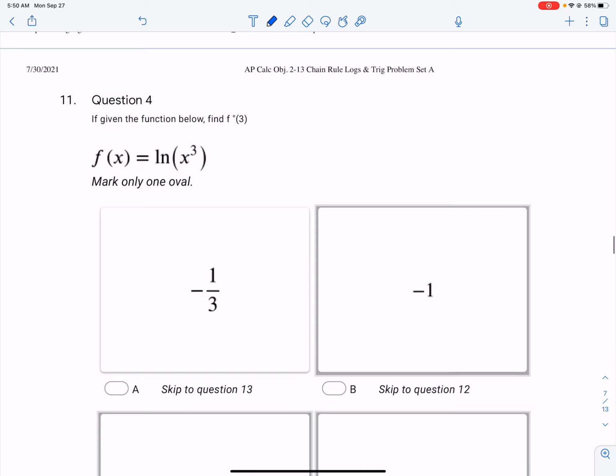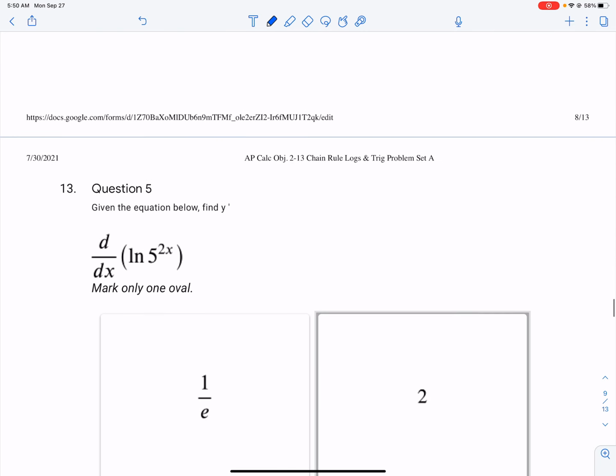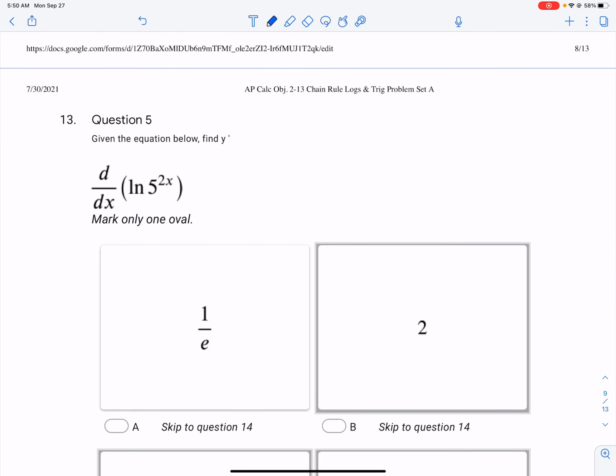Okay, question 5. So here, the way that logarithms work is the exponent can come to the front. So this is 2x ln of 5. And then the ln of 5 is just a constant, and so is 2.